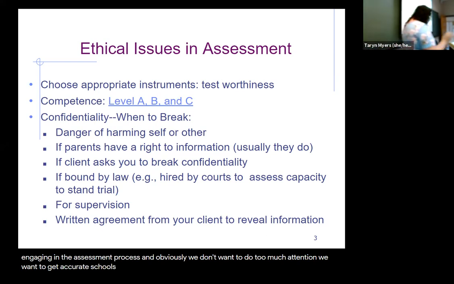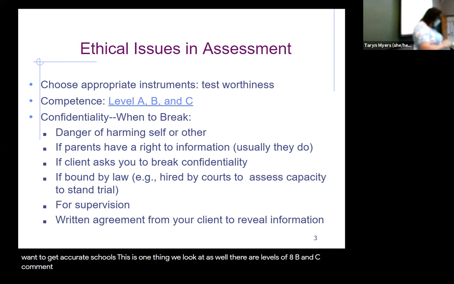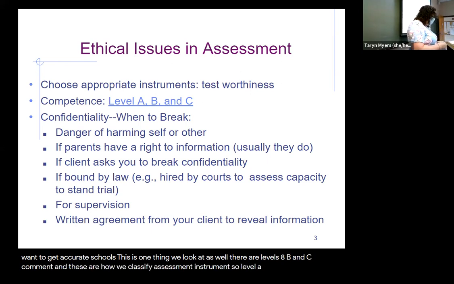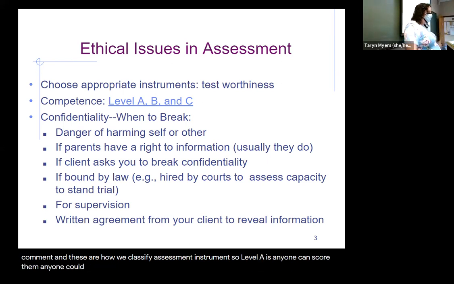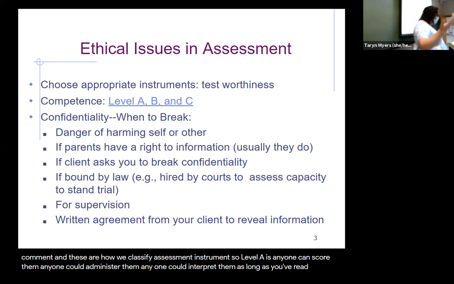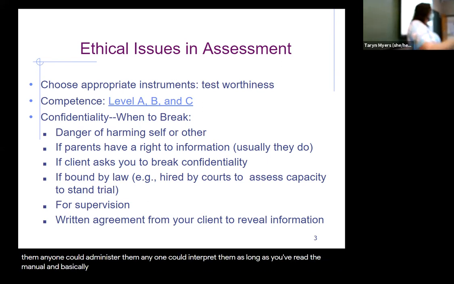So competence is one thing we look at as well. There are levels A, B, and C competence, and these are how we classify assessment instruments. Level A is anyone can score them, anyone can administer them, anyone can interpret them, as long as you've read the manual and basically understand why this assessment exists.